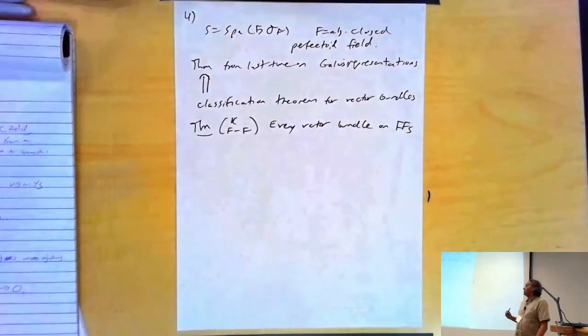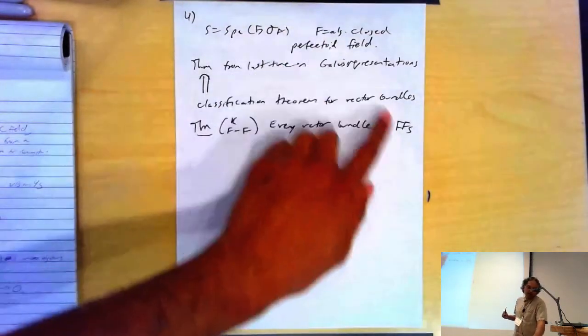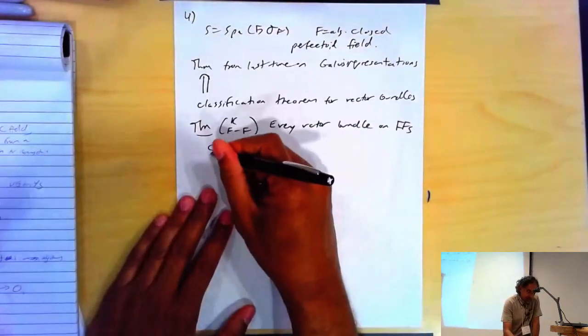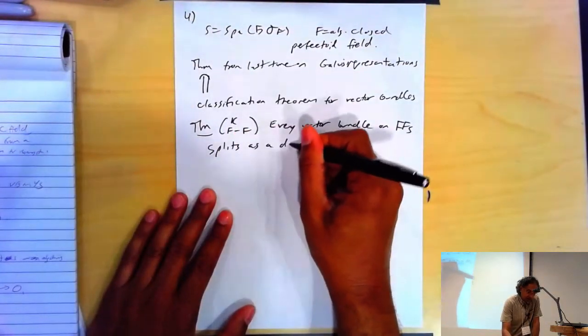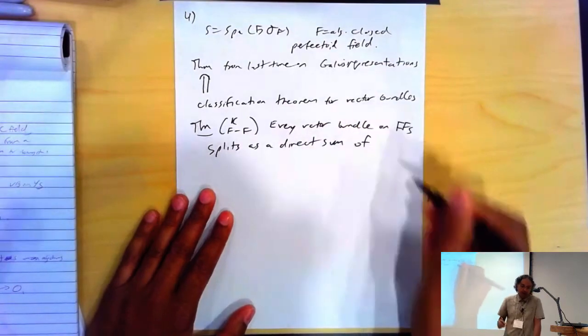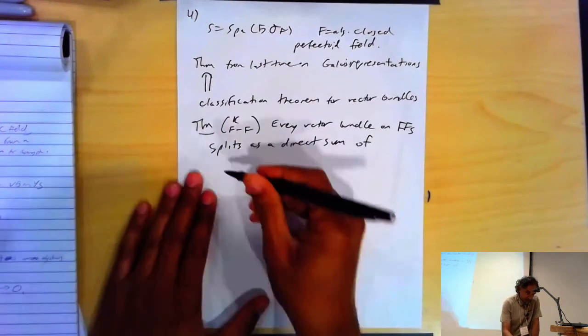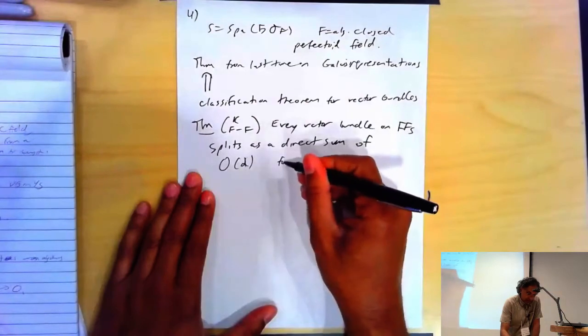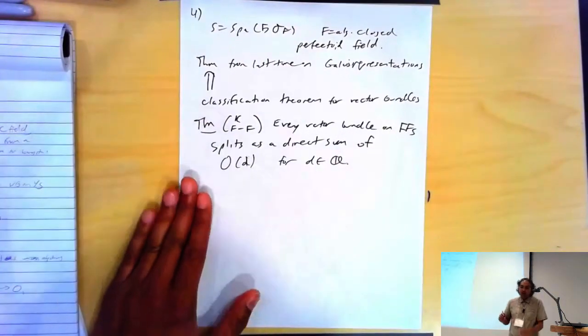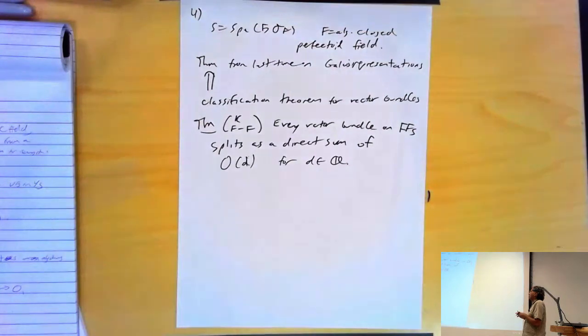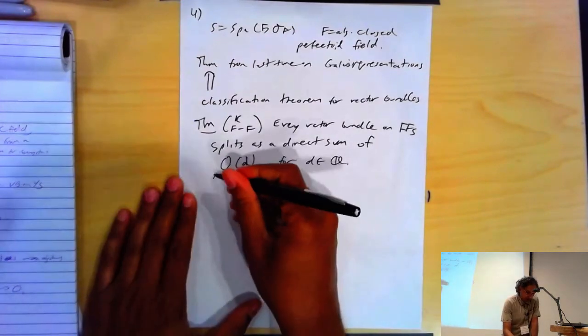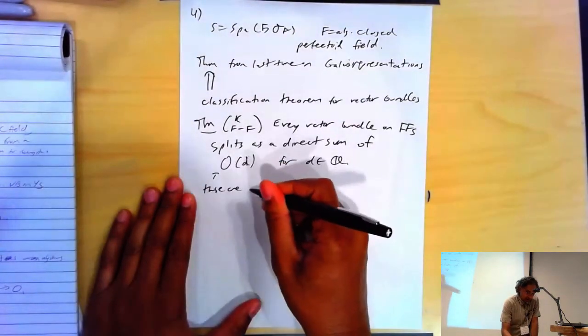The theorem says that every vector bundle on this curve over an algebraically closed field splits as a direct sum of, well, if this were exactly like P1, it would be a direct sum of line bundles, namely the powers of O(1). However, things are a little bit different here, because the standard objects are not just indexed by integers, but also by rational numbers, and they're no longer line bundles. These are the building blocks.